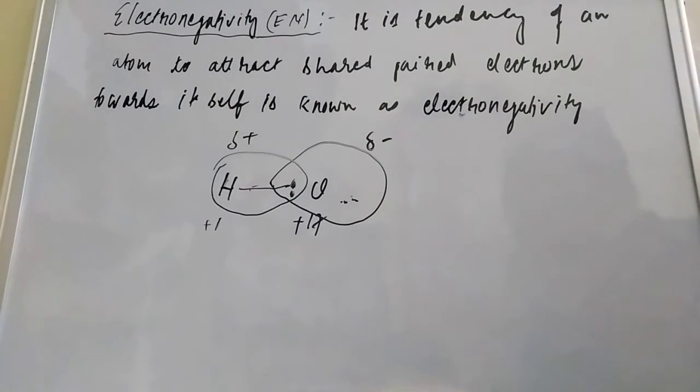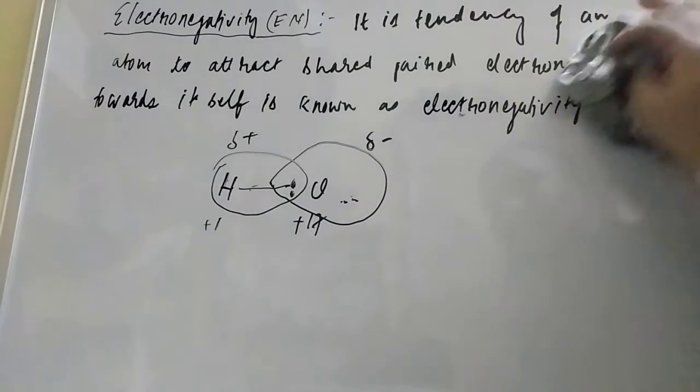Now, student, there are some facts that we have to keep in mind based on electronegativity. We will also write the variation in the periodic table, that is, what the variation is when going down the group or from left to right.